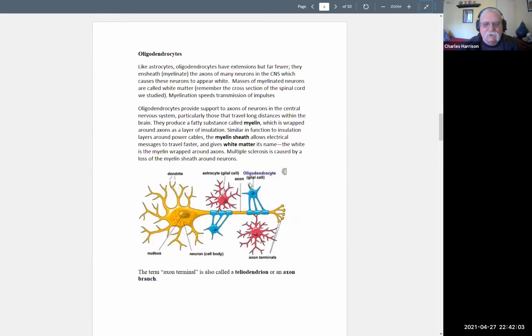The oligodendrocytes, these small guys here in this diagram, are surrounding a multipolar neuron, one that has a lot of entrances, dendrites, and a lot of exits, axon branches, axon terminals, also known as teleodendria.